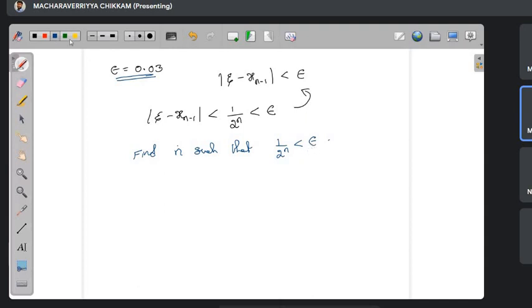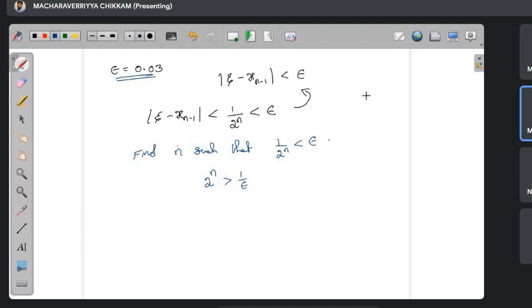Alright, so now let us try to convert it. You can rewrite it like 2 power n is greater than 1 by epsilon. So what I have done is I have just taken reciprocal of it.